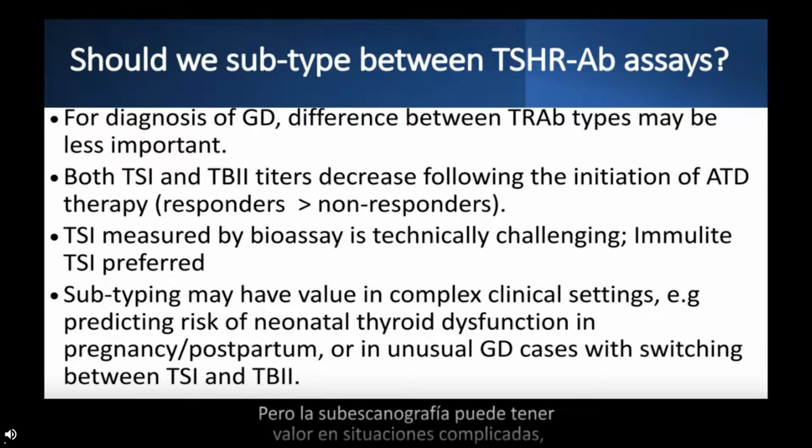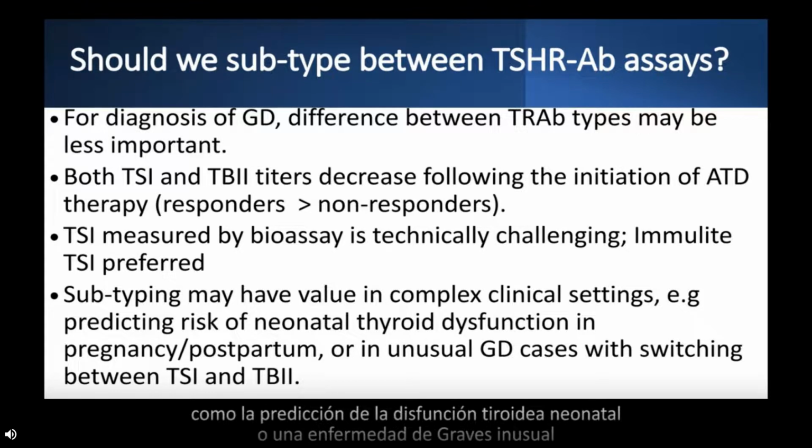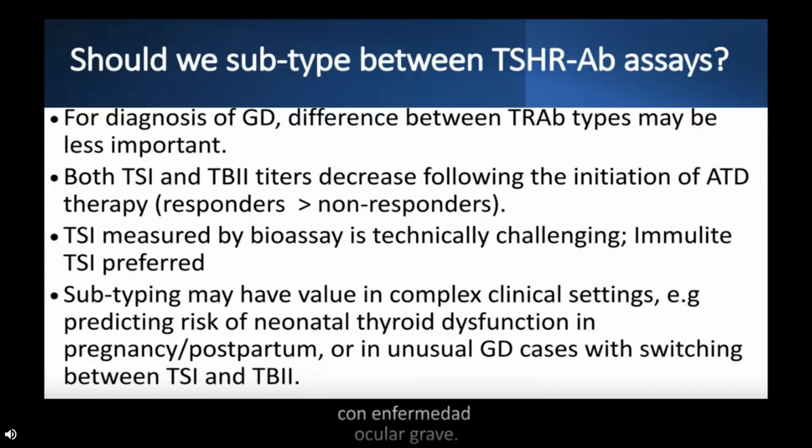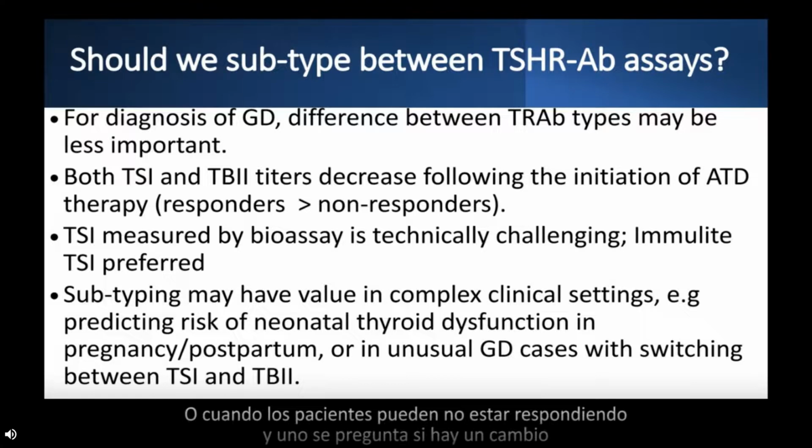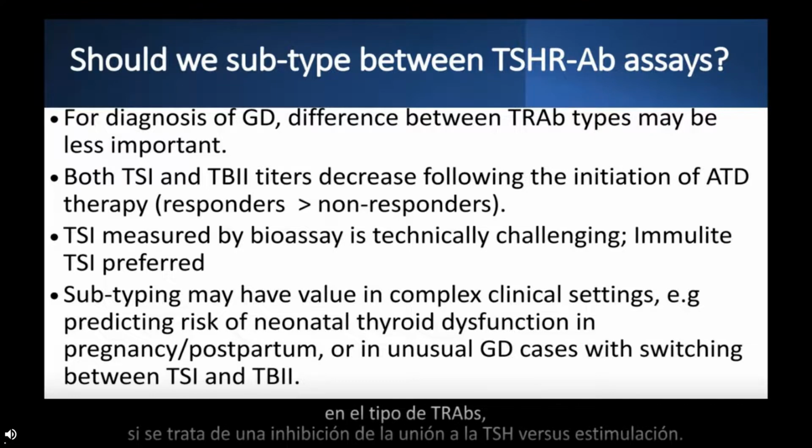But the subtyping may have value in complicated situations such as prediction of neonatal thyroid dysfunction or an unusual Graves' disease with severe eye disease, or when patients may not be responding and one wonders whether there is a change in the type of TRABs, right? Whether it's TSH binding inhibition versus stimulation.